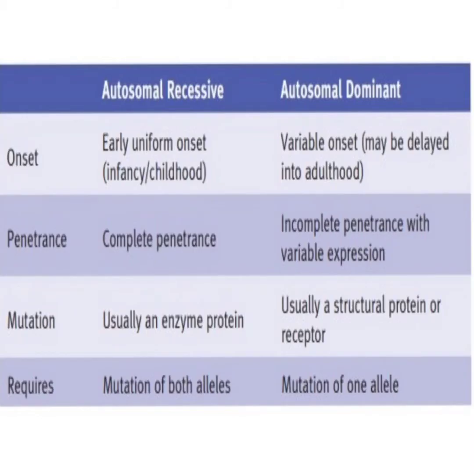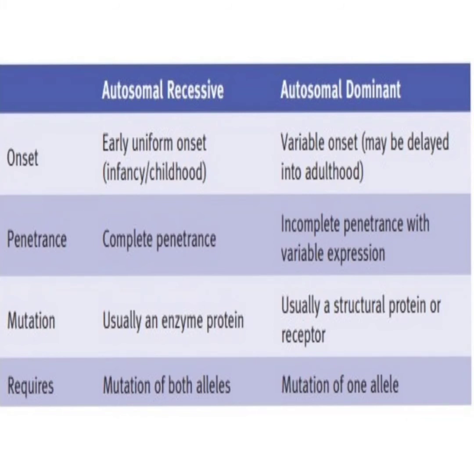Now, what are the differences between autosomal recessive disorders and autosomal dominant disorders? In the onset, early uniform onset occurs in autosomal recessive, that means it occurs in infancy or childhood, whereas in autosomal dominant, variable onset occurs, may be delayed into adulthood. Penetrance: complete penetrance occurs in autosomal recessive.